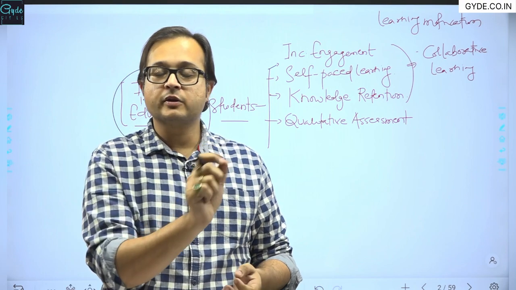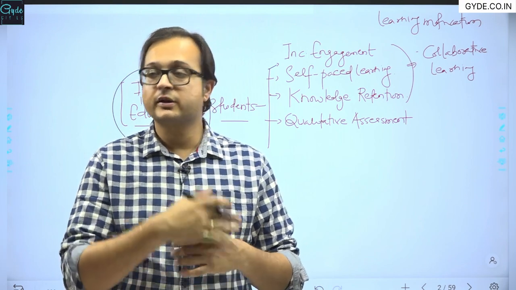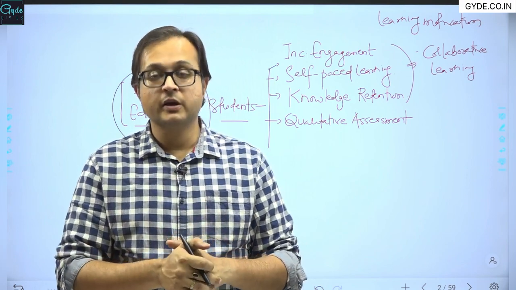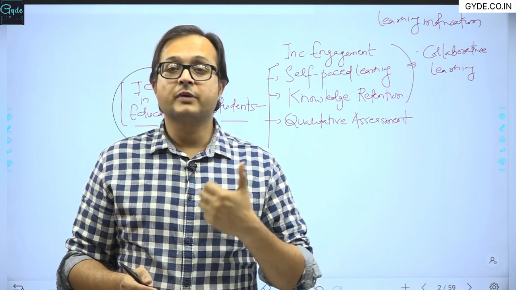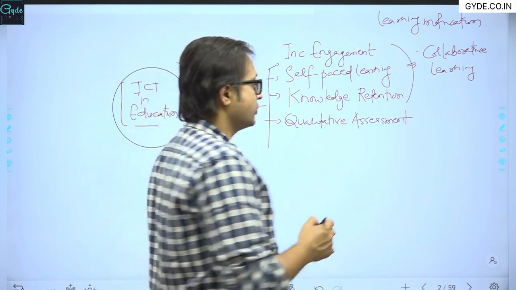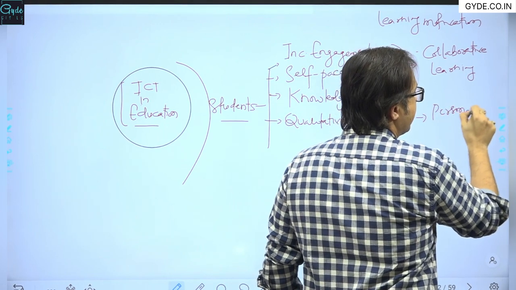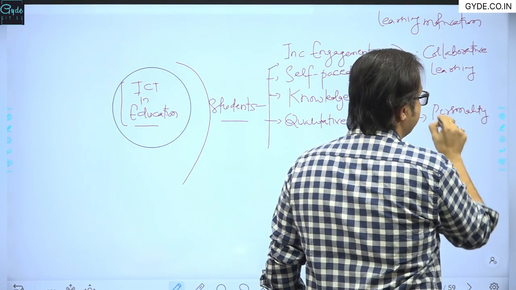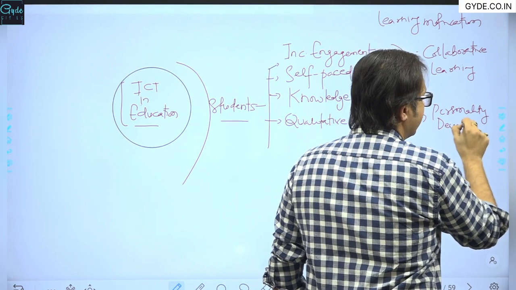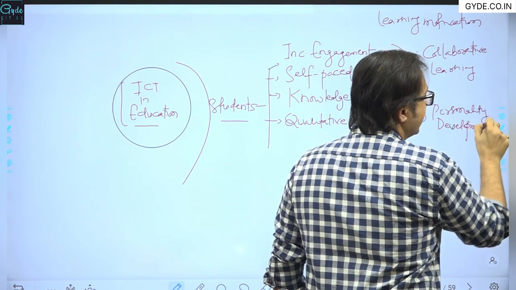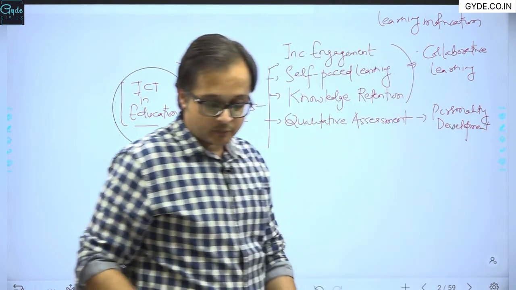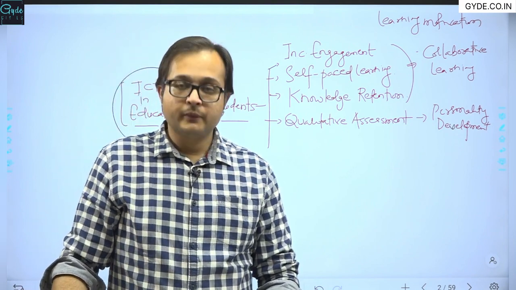The examination paper is the quantitative assessment; rather, it is the qualitative assessment which can be done. So skill sets and personality development of the student can be fostered over here, right?